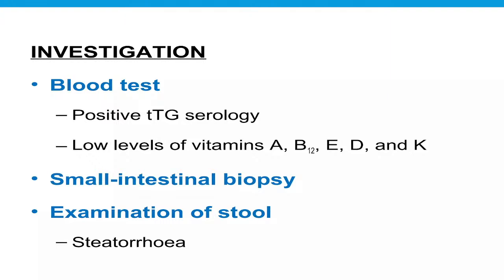Go for a blood test: anti-tTG positive serology, and low levels of vitamins A, B12, E, D and K will be found. The gold standard for diagnosis is small intestinal biopsy, and in stool examination too you will get steatorrhea.